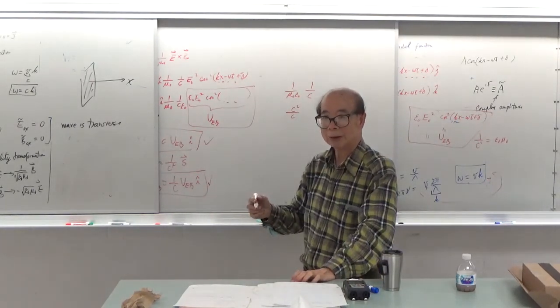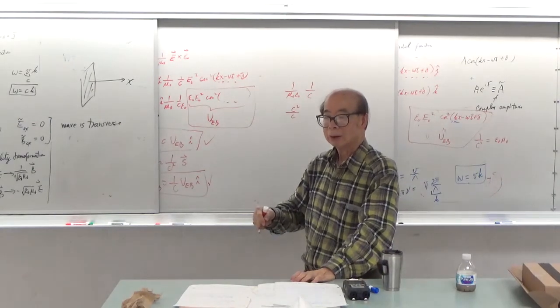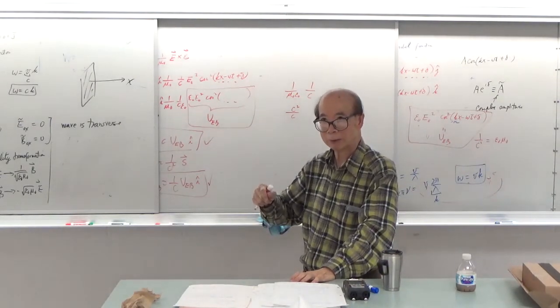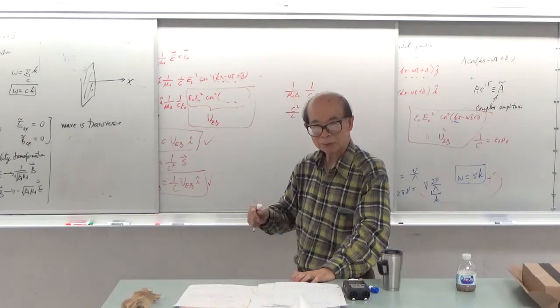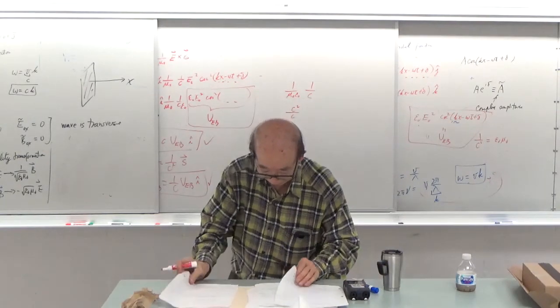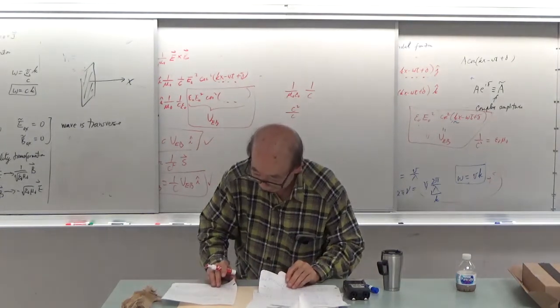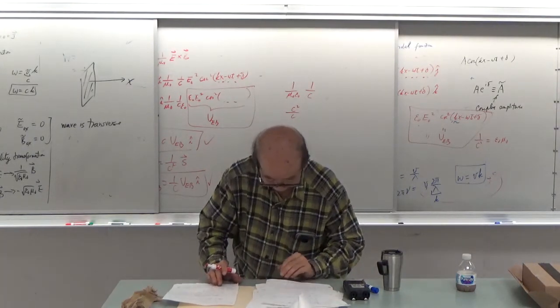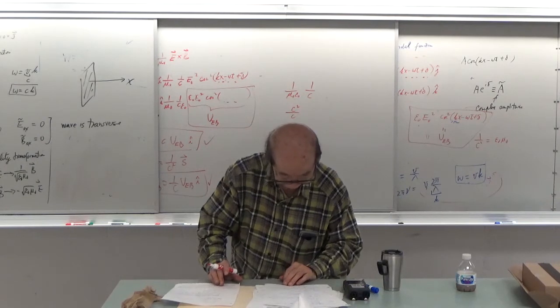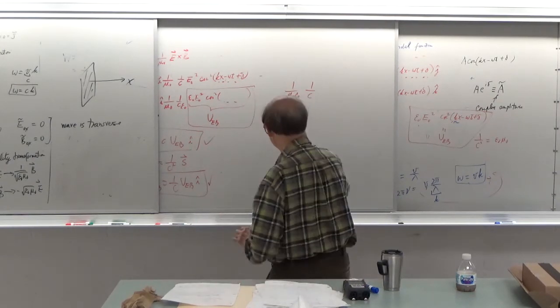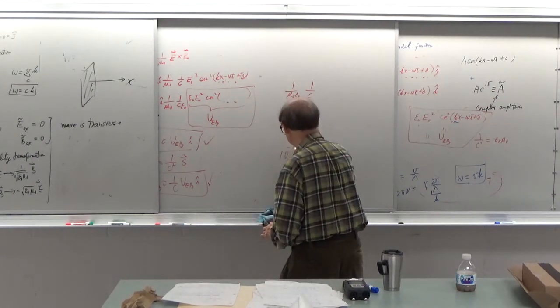very large. I think the period of oscillation is something like 10 to the minus 15 seconds. Is that right? Let me check and make sure that I do not say anything stupid. Oh yes, the period of oscillation is something like 10 to the minus 15 seconds.